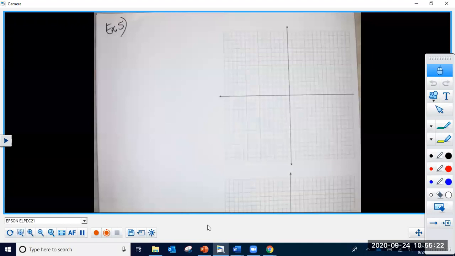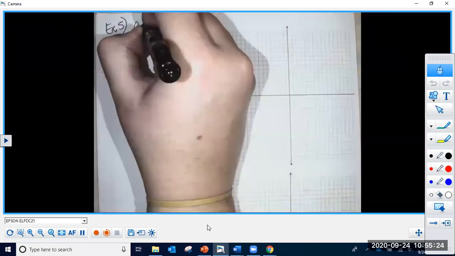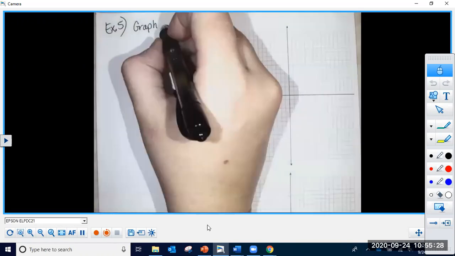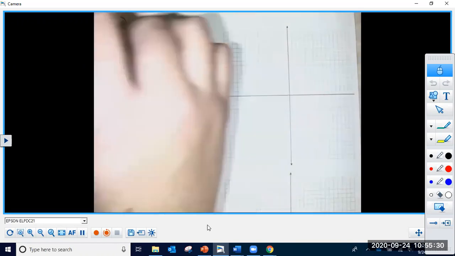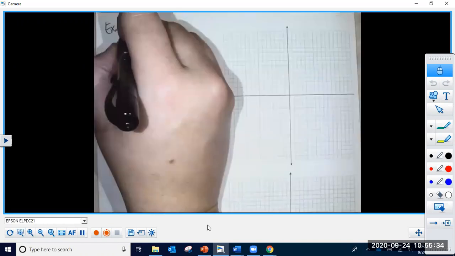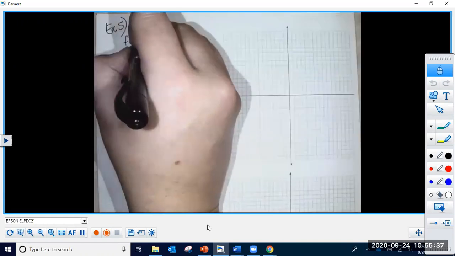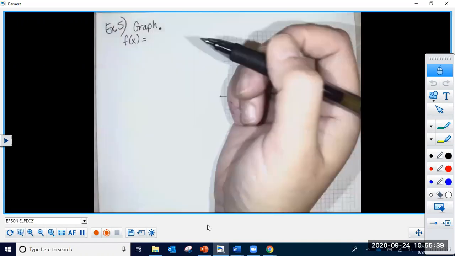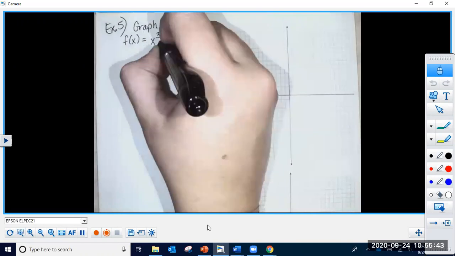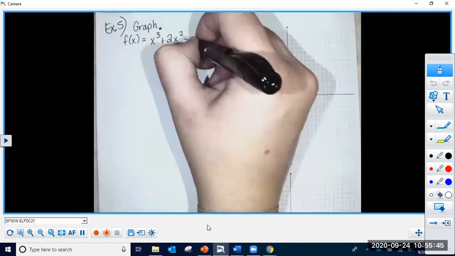They tell you to graph, and then MyMathLab is going to tell you to graph using 7 steps. But I'm going to go through all of that with you. It will look like a lot, and it kind of is, but each step is really not too terribly bad unless you have to use the quadratic formula. So we have x cubed plus 2x squared minus x minus 2.